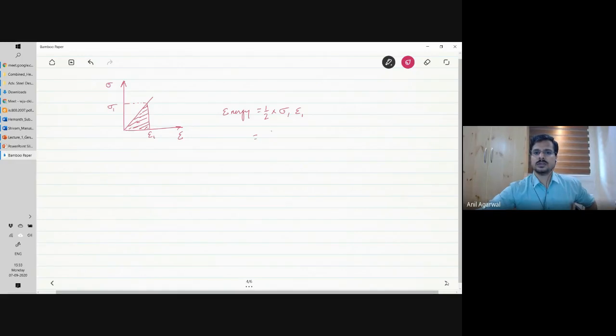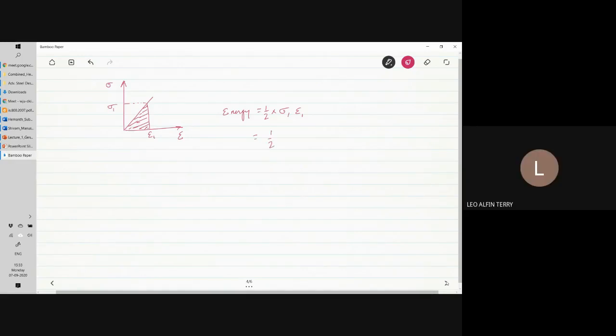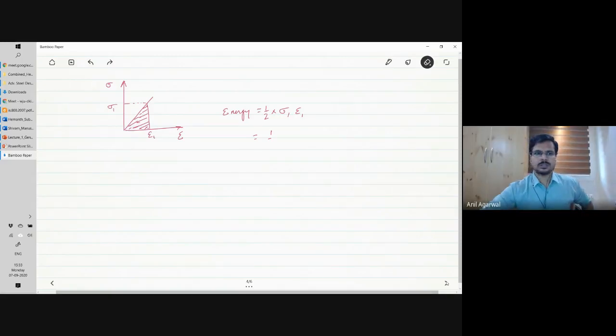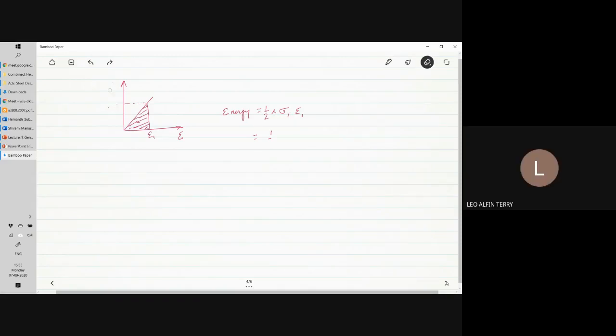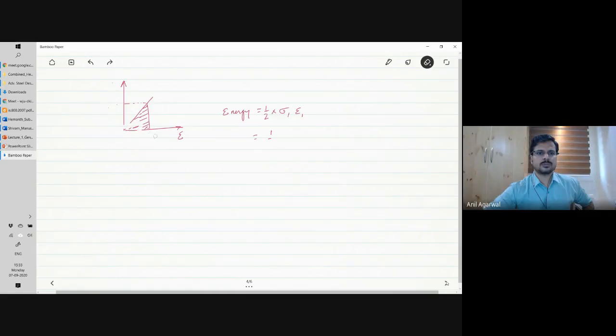If it's a shear stress, then we will call them shear stress and shear strain. We'll call them tau 1 and gamma 1. So energy will be equal to half tau 1 gamma 1.